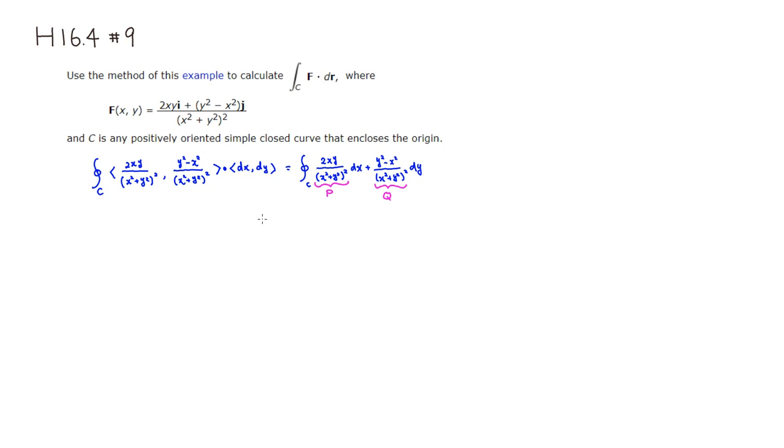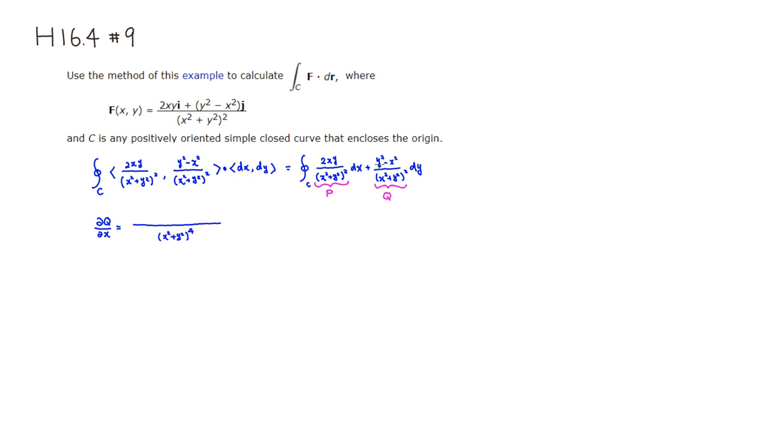First we need to find the partial of Q with respect to x. Let's find that. We're going to use the quotient rule. Square the denominator, so we have quantity x squared plus y squared, squared, squared, so it's going to be to the fourth power.